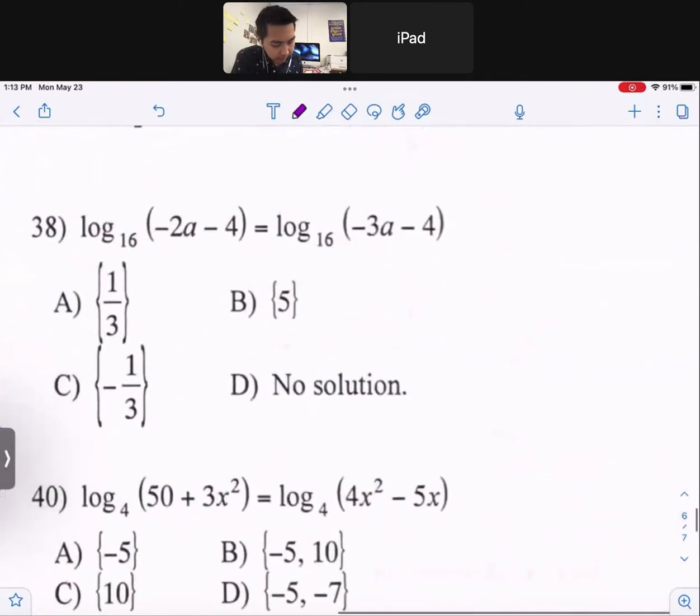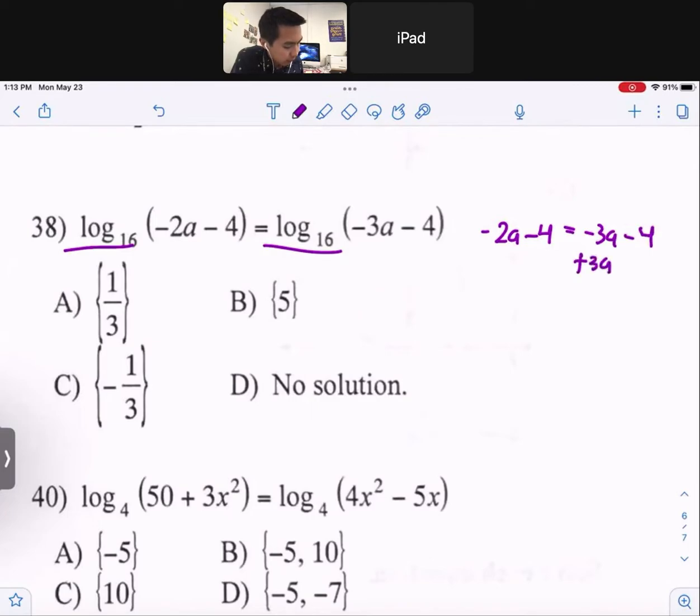So let's do 38. Notice it's a log equals a log, so that means we just set the two quantities inside of the function equal to each other. And then from here we just solve for a. I'm going to get my variables on the left hand side and get my constants on the right hand side.